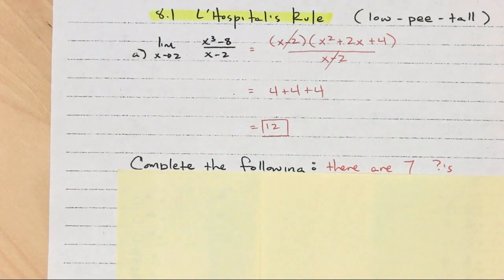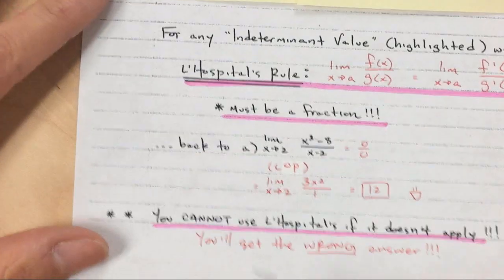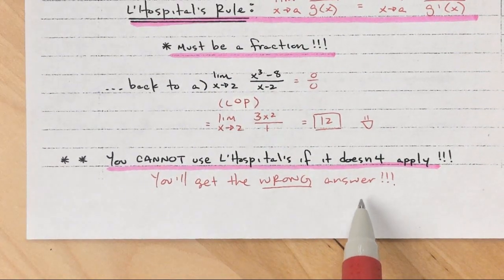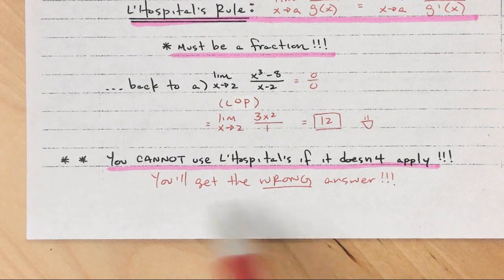You can't just keep taking the medicine. There's only a course of 10 days for antibiotics or whatever it is. So you cannot use it if there's an answer, or you'll get the wrong answer. People go overboard and say, I'm not sure what the answer is, I'm just going to do it again until it looks really easy. But sometimes you're missing an answer that's infinity, or an answer that's 0, because those are real answers.